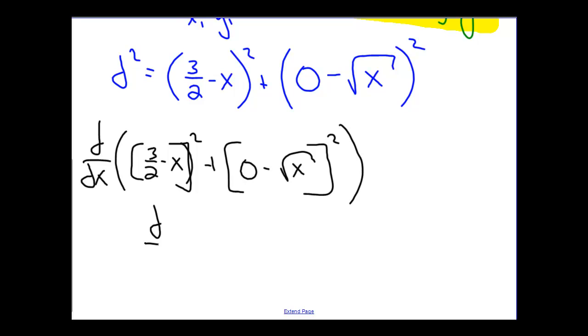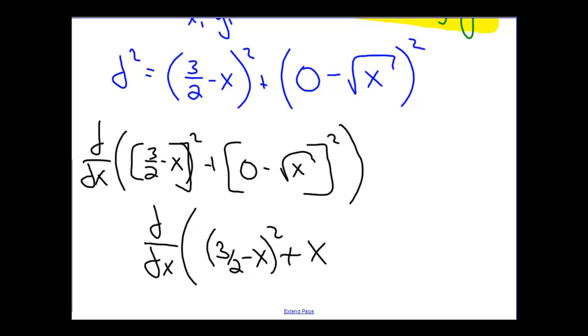We can rewrite this as the derivative of (3/2 minus x) squared plus, and now notice that the 0 minus the square root of x is really negative square root of x. When we square that, we just get a plus x here. So this is the function that we're going to take the derivative of. This is a much easier function to work with.